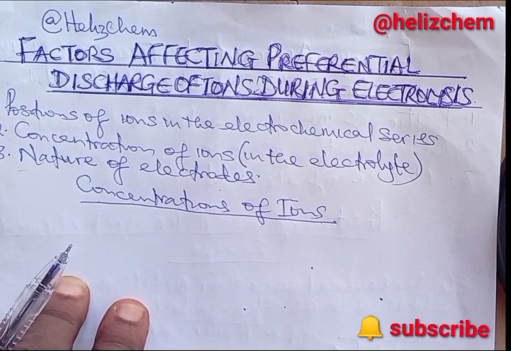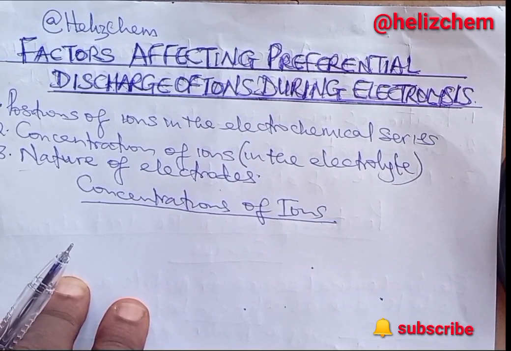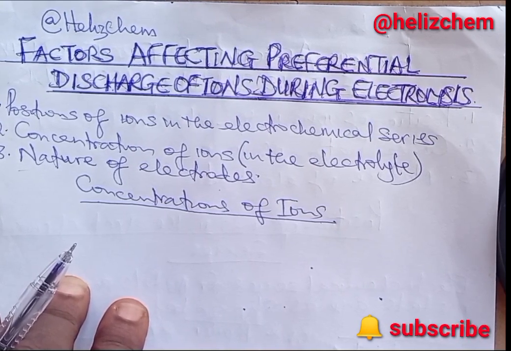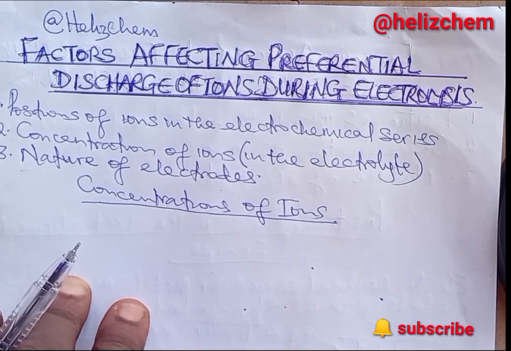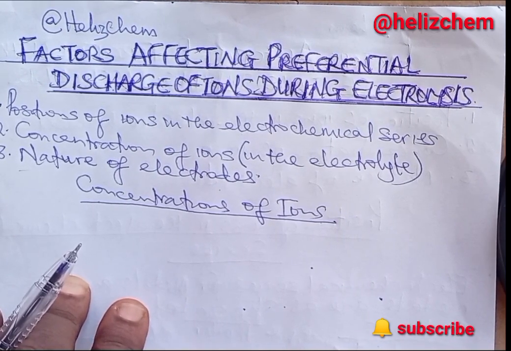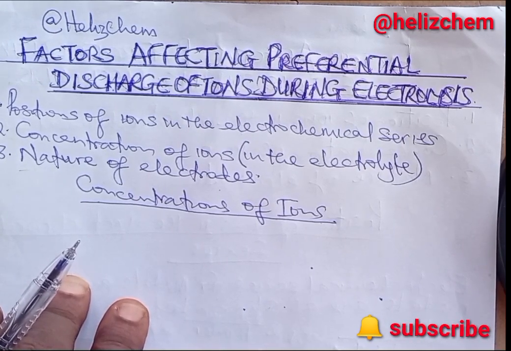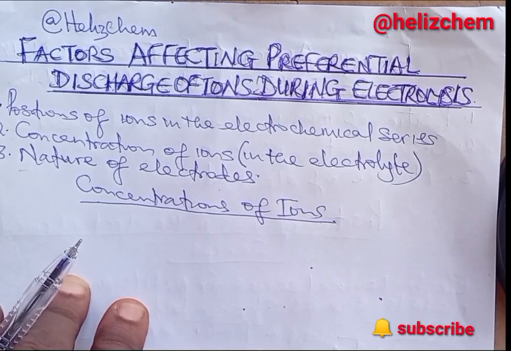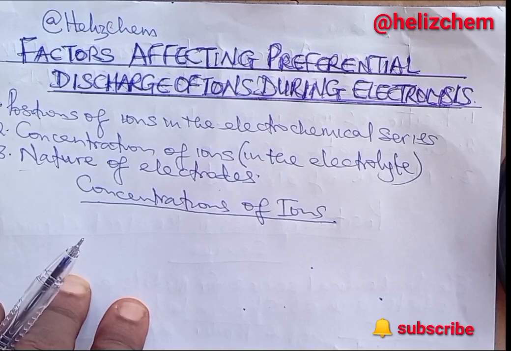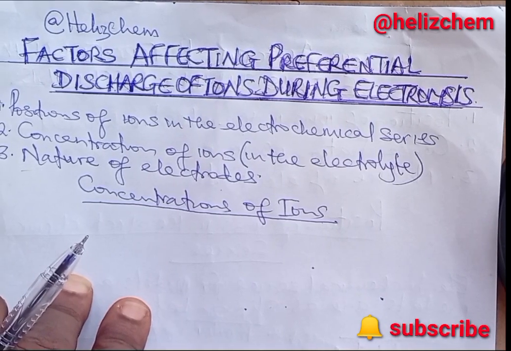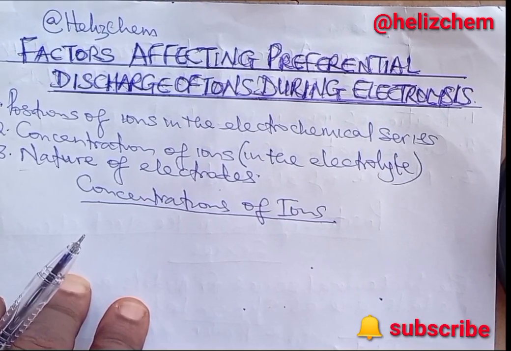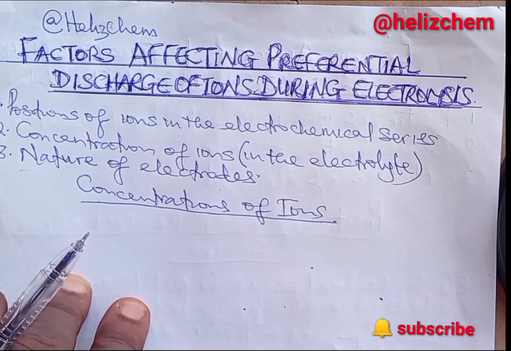Don't forget that in my last video, I listed the position of ions in the electrochemical series for you, for both anions and cations. So what we are saying is that for concentration of ions to be effective, the two competing ions must be closely positioned in the electrochemical series.